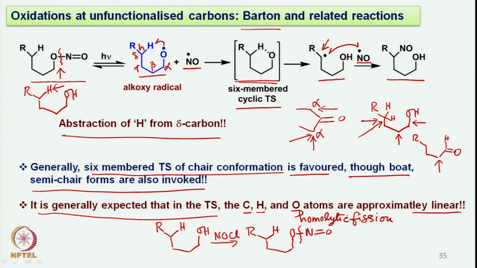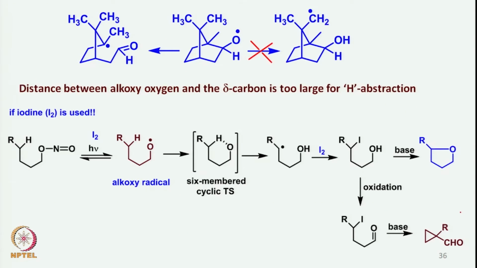So, if that happens, then what one expects is that the transfer of the radical occurs from oxygen to a remote delta carbon. So the coplanarity is an important part.